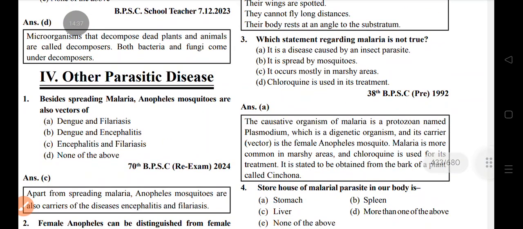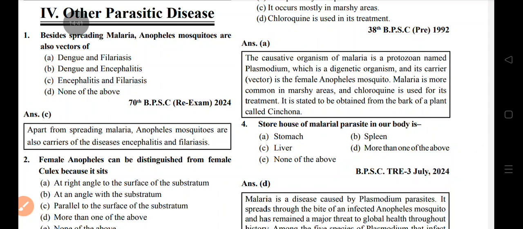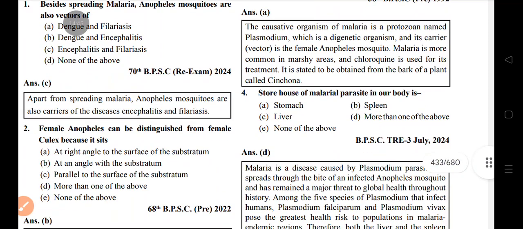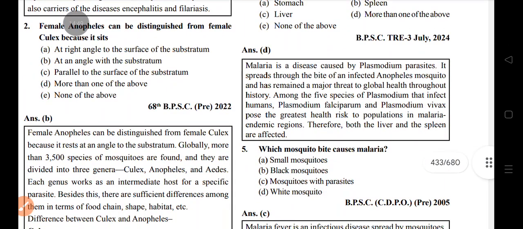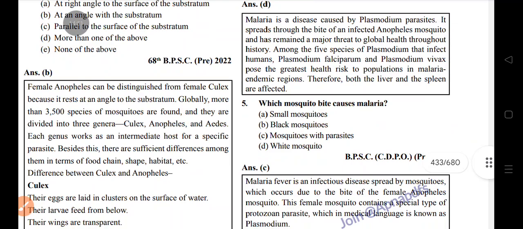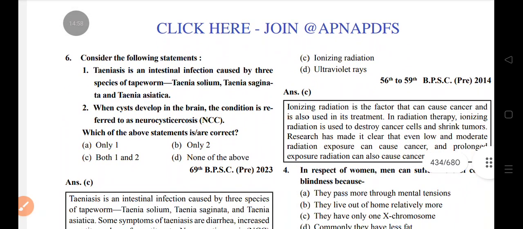Malaria is a disease caused by a protozoan parasite. The storehouse of the malaria parasite in our body is the liver or spleen. Mosquito bite causes malaria: a mosquito with parasites.